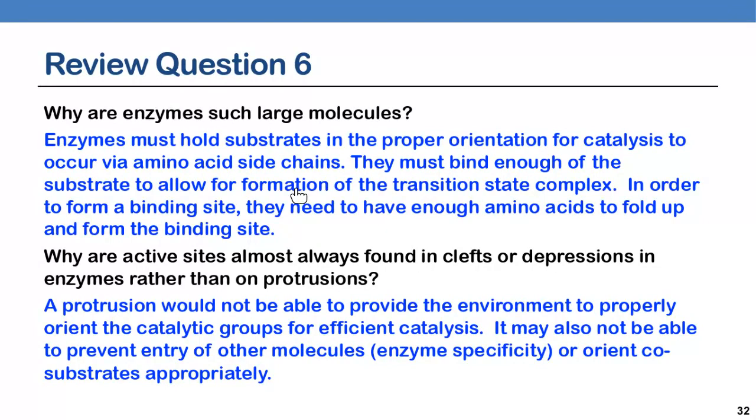Also, it needs to form the transition state, that intermediate between the actual ligand and your final product. And then the clefts, like you guys said, aid in specificity. With protrusions, you wouldn't get that full binding of your ligand, so that's why the active site is commonly found in pockets, so that you can correctly orientate that ligand.